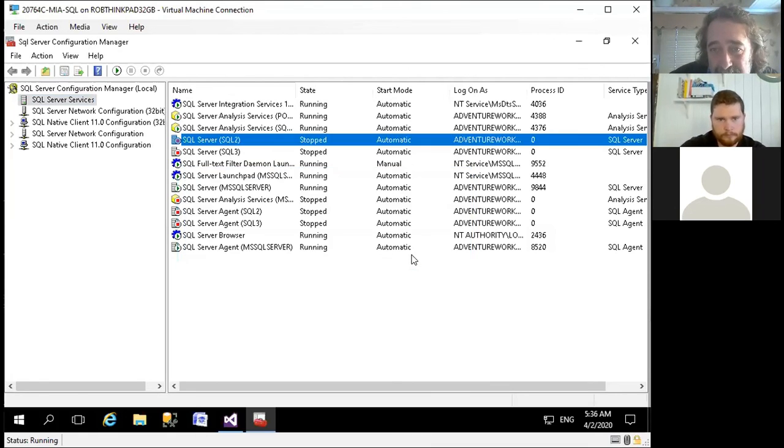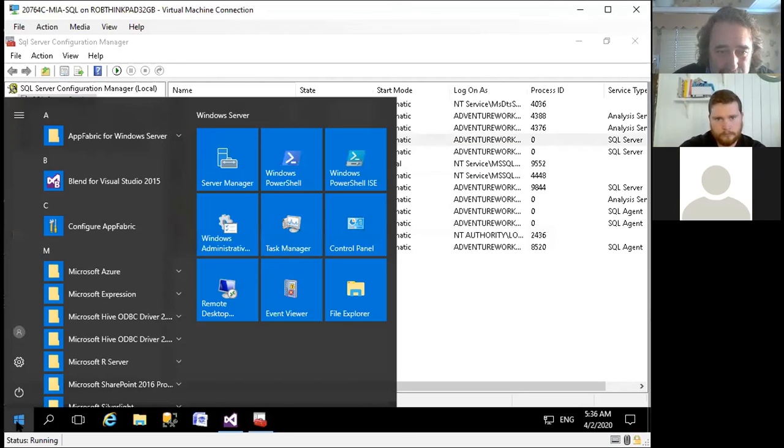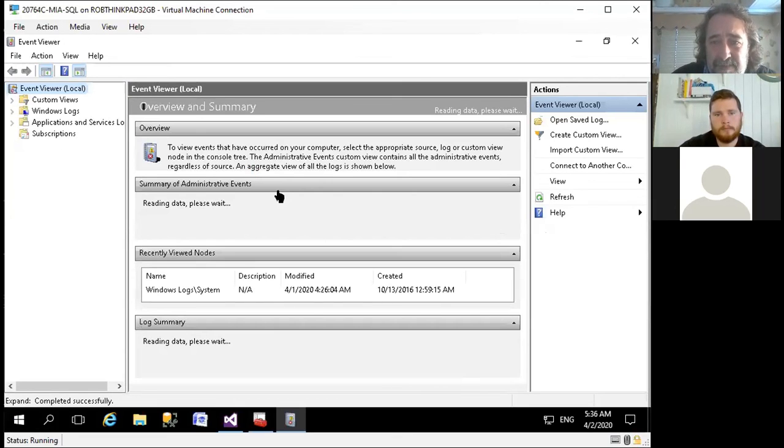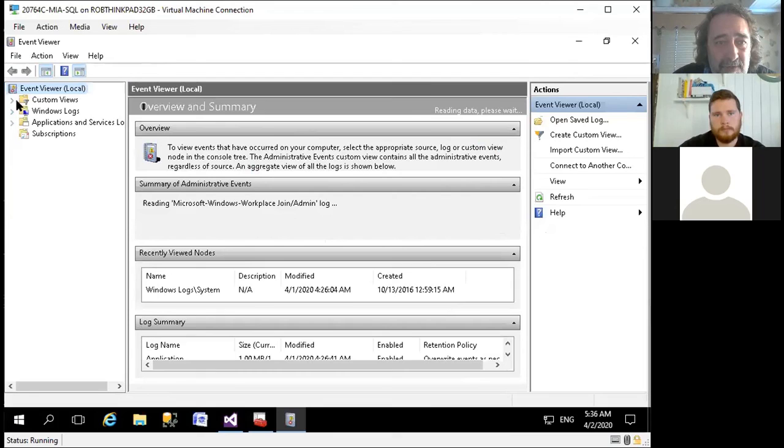All right, so it didn't work. Let's take a peek, just using the built-in Windows Event Viewer, to see if this thing logged something useful for us.